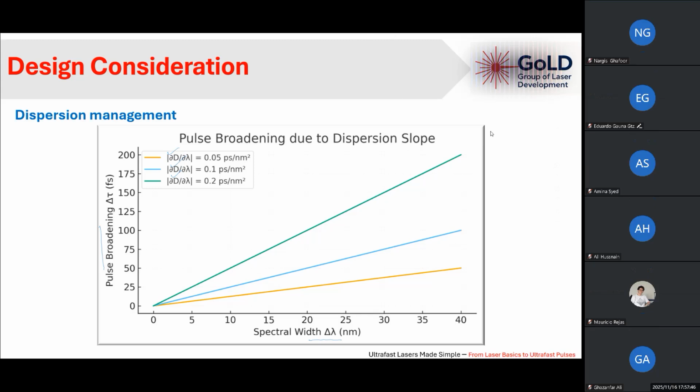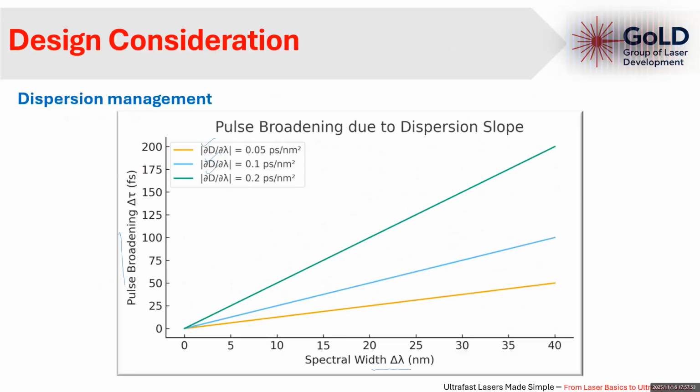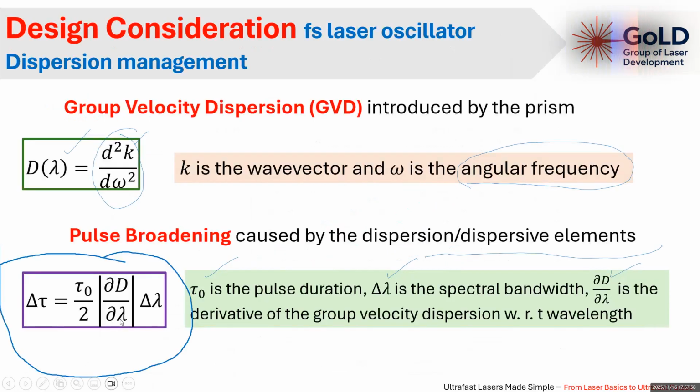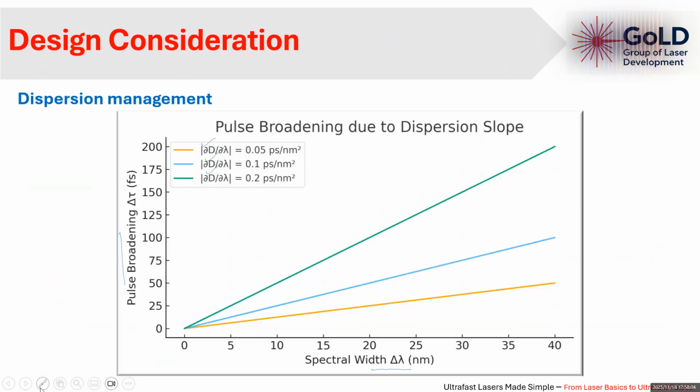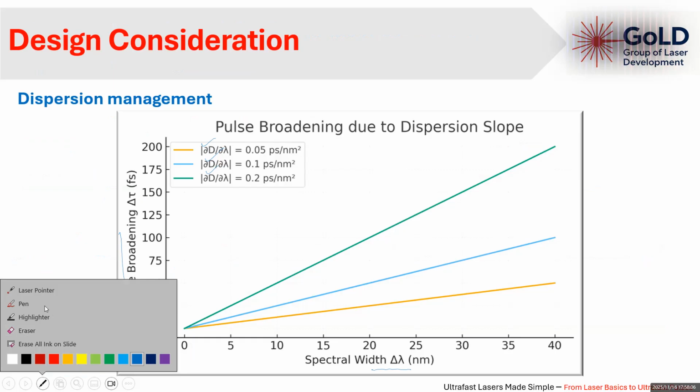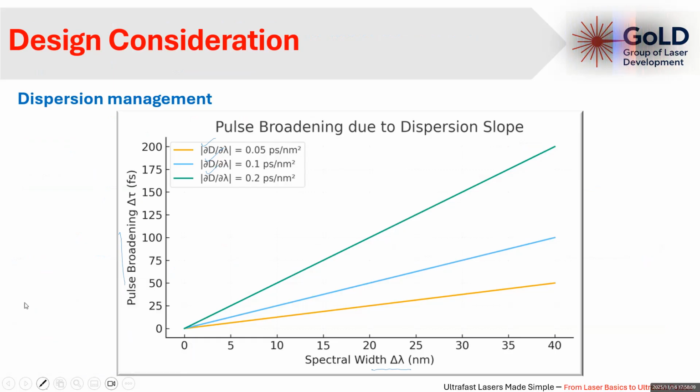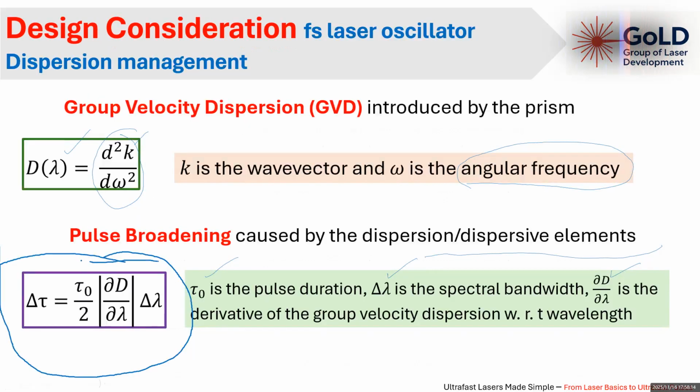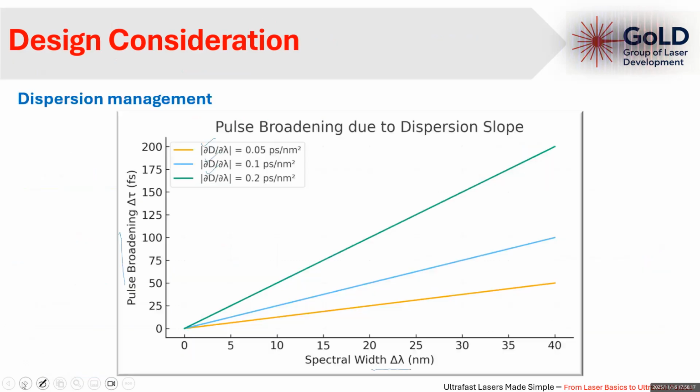So this plot basically shows what we have learned in the last slide, this equation. So keep in mind, on this side there is pulse broadening, and this side is spectral width.